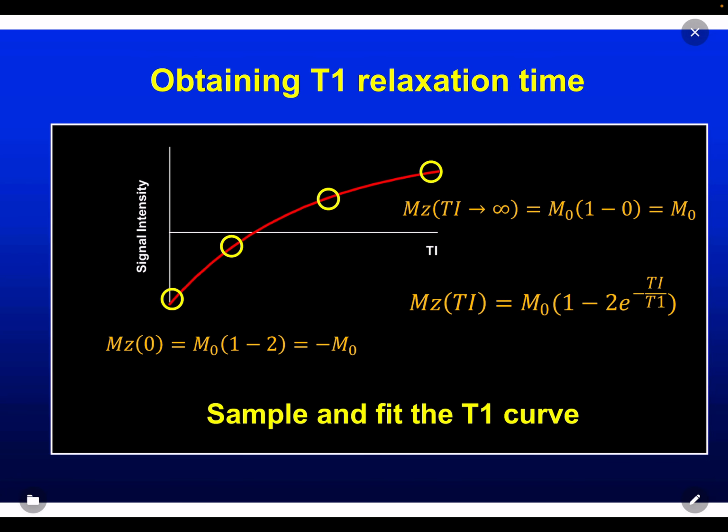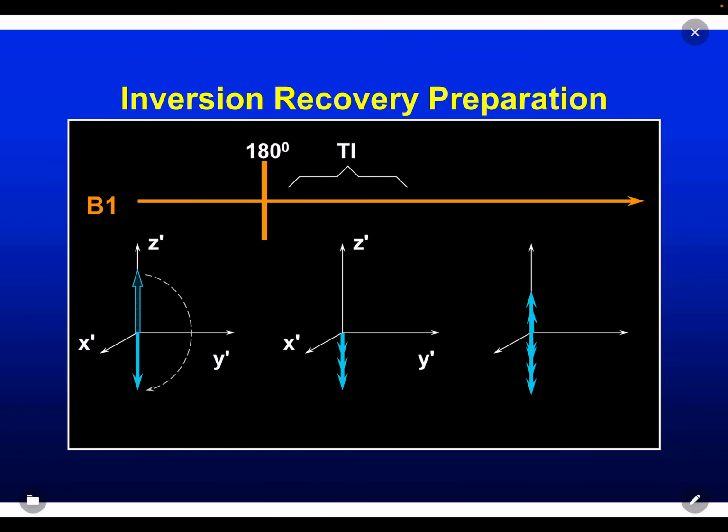To obtain the T1 relaxation time, generally we sample and fit the T1 curve to obtain the T1 constant. Usually we apply an inversion recovery pulse, which is a 180-degree pulse, and then track the magnetization, and then obtain the T1 constant.